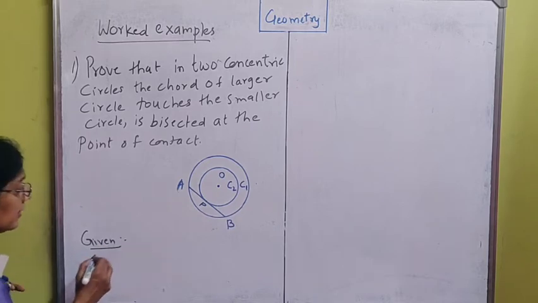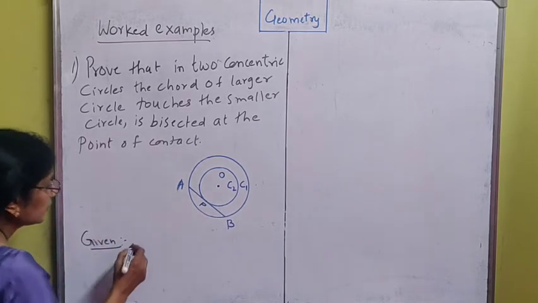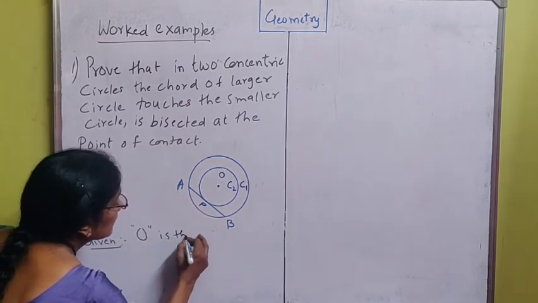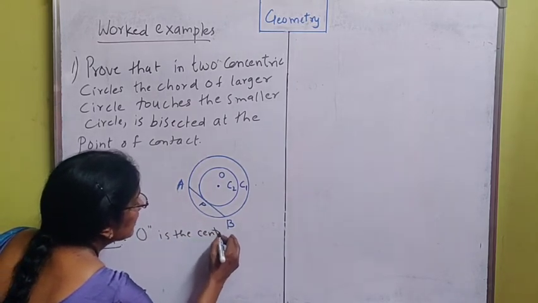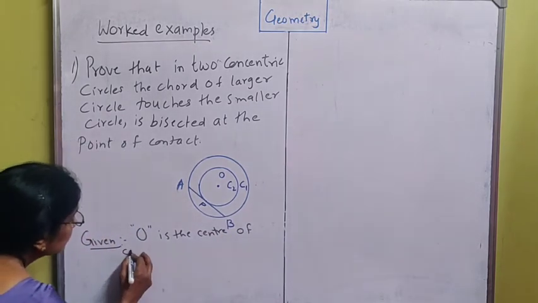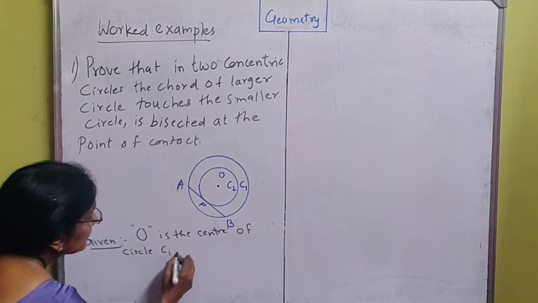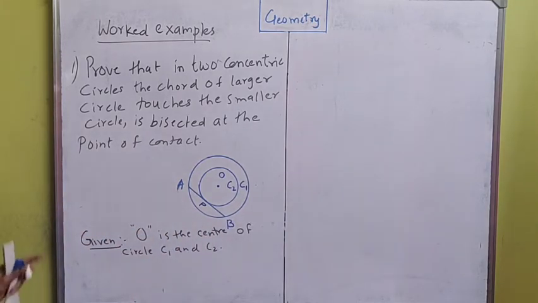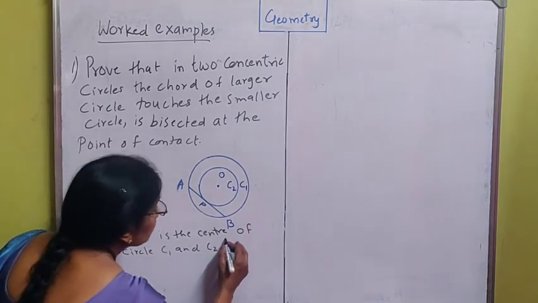So what is given to us? O is the center of circle C1 and C2.